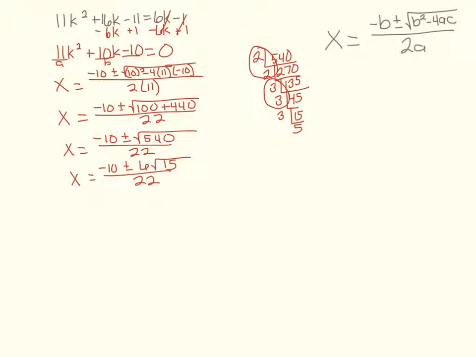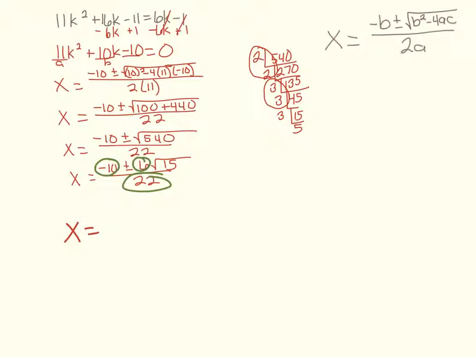Okay, now if you'll notice, the negative 10, the 6, and the 22 are all even. You need to check all 3 spots because there's 2 separate terms on top. But since all 3 of those are divisible by 2, we'll divide all of them.